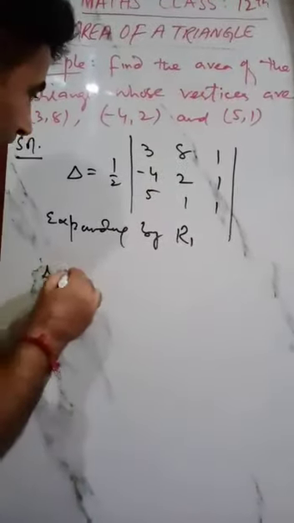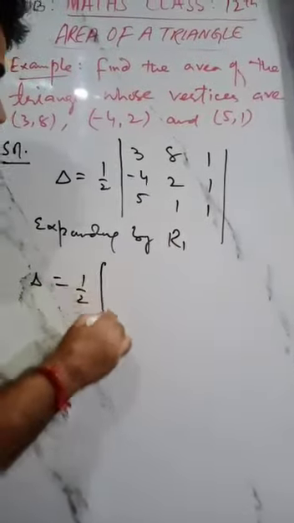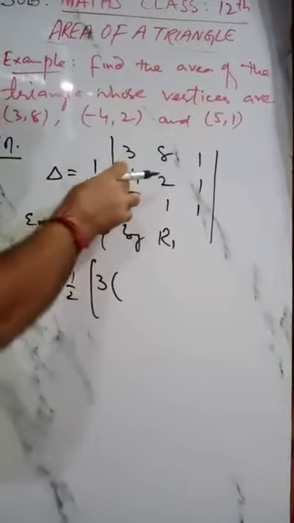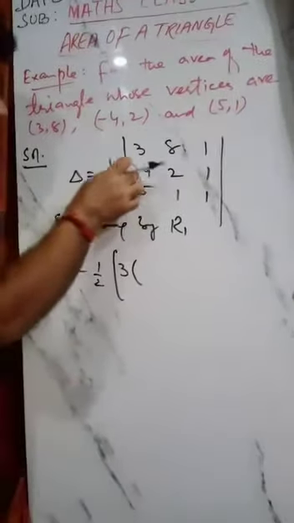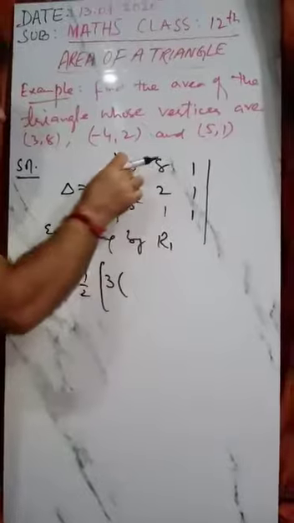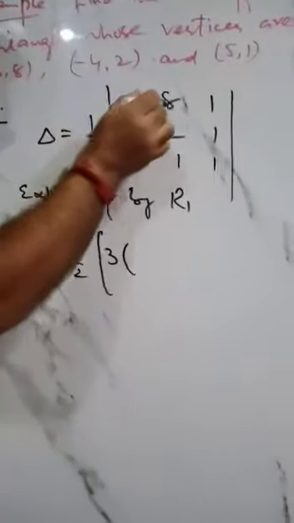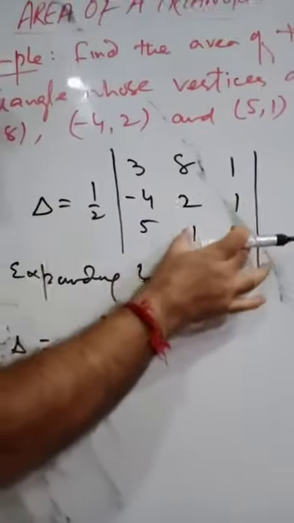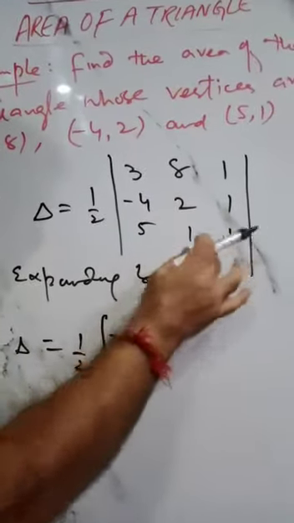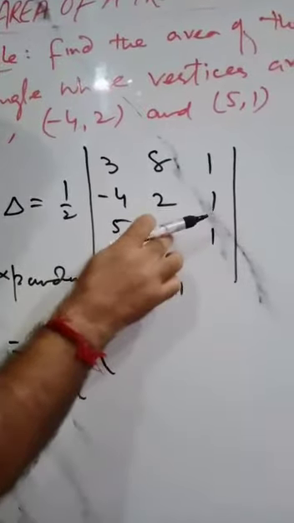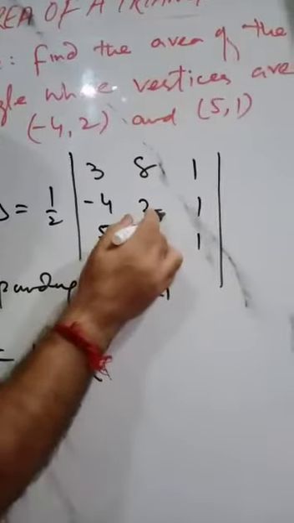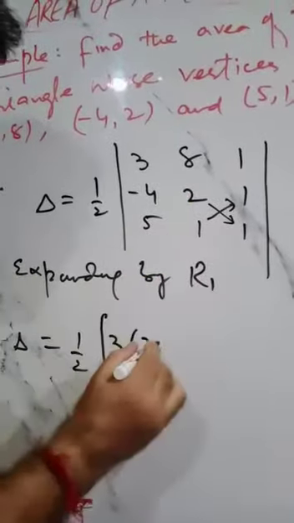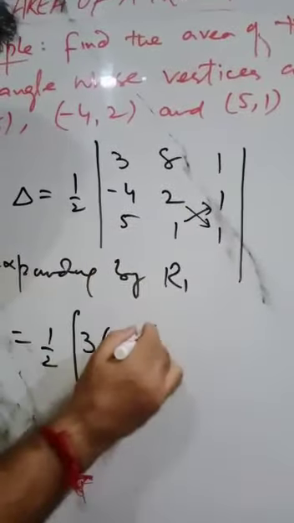Now we have 3, then ignore the corresponding row and corresponding column. 3 की जो रो है वो 8 1, इसको इग्नोर करेंगे हम, इसके कॉलम को भी इग्नोर करेंगे. तो जो सब मैट्रिक्स बचता है हमारा 2 1 1 1, 2 into 1 और माइनस 2 1 सा क्रॉस मल्टीप्लिकेशन करेंगे आप तो आएगा 2 1 सा 2 और माइनस फॉर्मूले का 1 1 सा 1, ये आ गया.